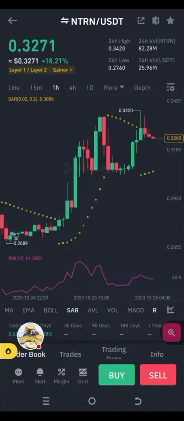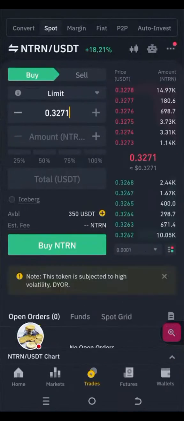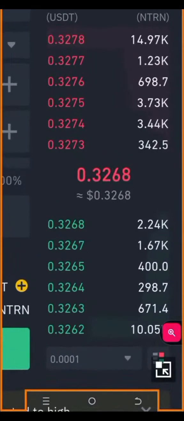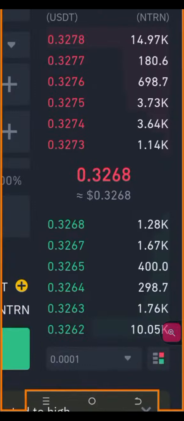So volatility means that it's going up, it's going down. It's quite risky in the sense that any new coin is risky. And when there's volatility, if you check the order book, you should see movement. I'm not seeing too much movement in this one, but a new listing is supposed to have movement. People are buying and selling because it's a new coin.